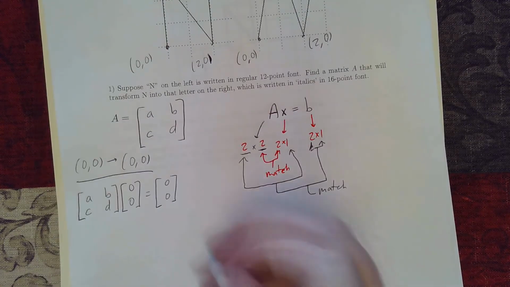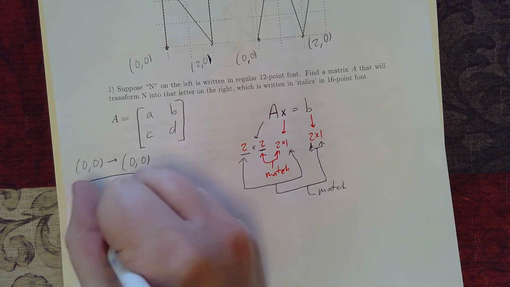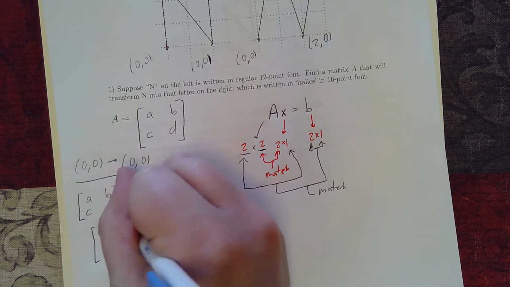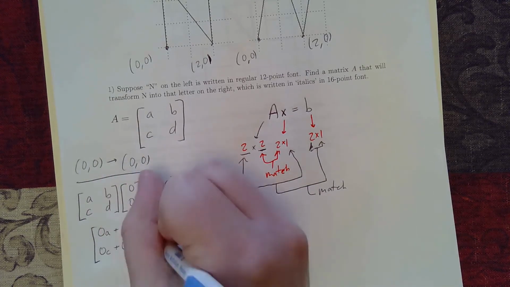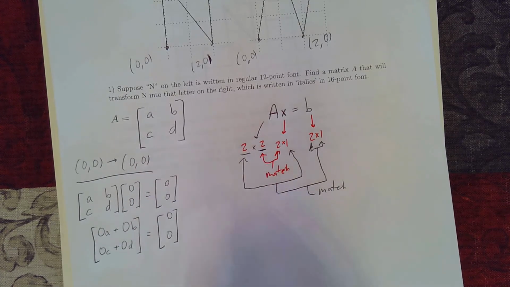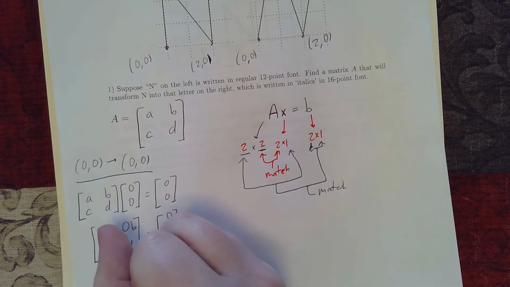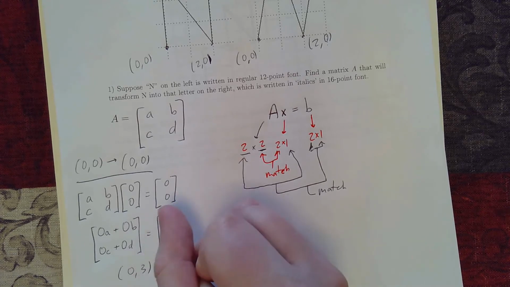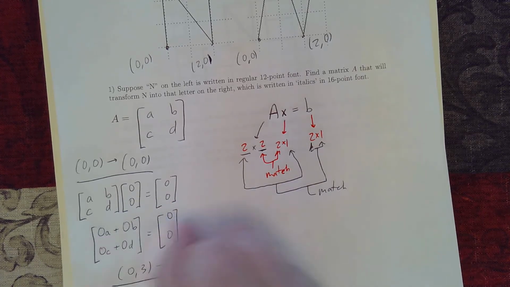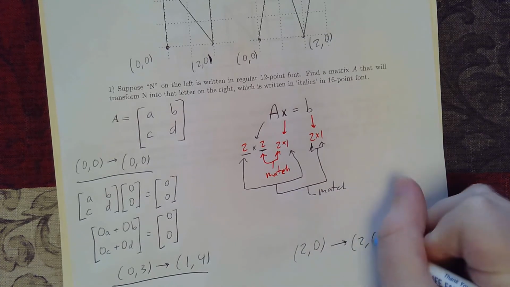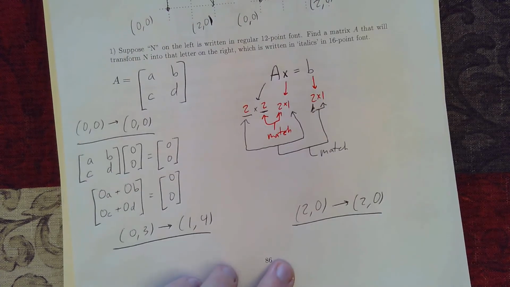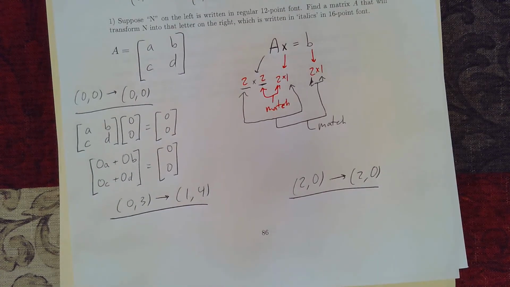If we actually did this multiplication, we would get 0 times a plus 0 times b for the first entry, and 0 times c plus 0 times d, equal to 0, 0. So maybe this point's not the most helpful for us. But we have other points. We know that the point 0, 3 is supposed to become the point 1, 4. And we know that the point 2, 0 is still the point 2, 0 by the time we're done transforming it. So maybe take a minute and use these to see if you can solve for a, b, c, and d, and then come back.